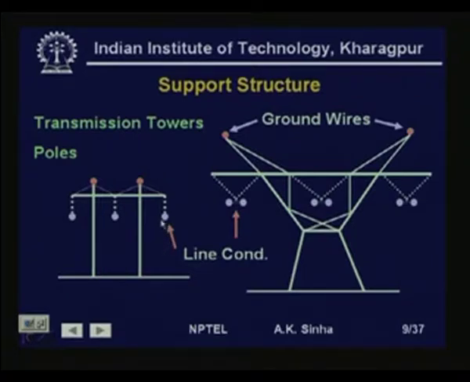Also, we see that for this we are using a single conductor, whereas in this structure we are using two conductors for each phase. This kind of arrangement is called bundle conductors. This is generally used at high voltages of 220 kV and above.